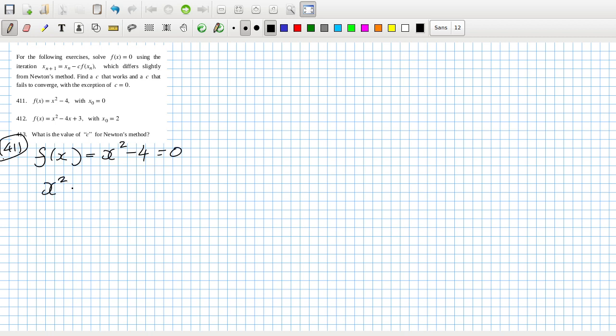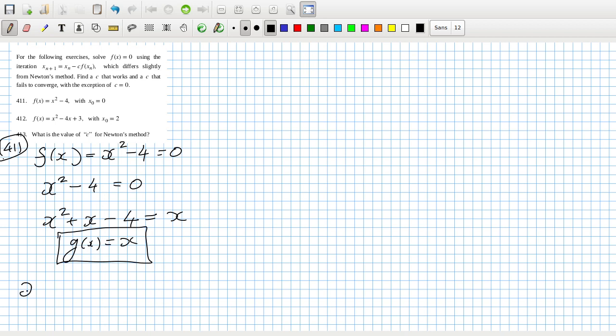And if you add x to both sides, you get an equation of the form g(x) equals x. And in certain situations, it's possible that the function g is the function that takes you closer to the solution.